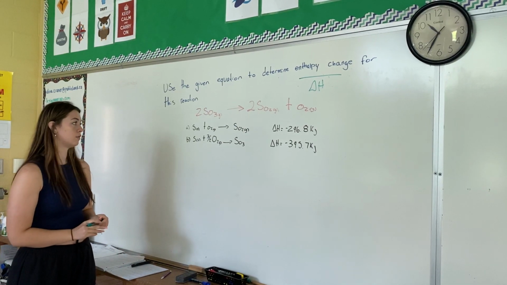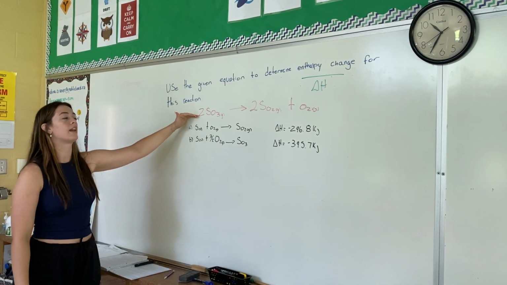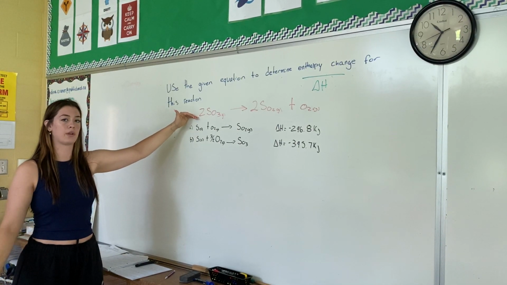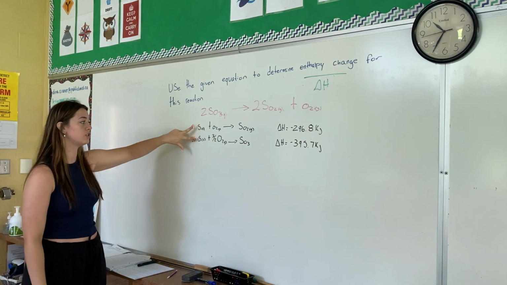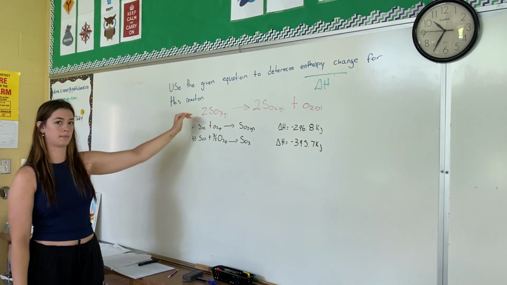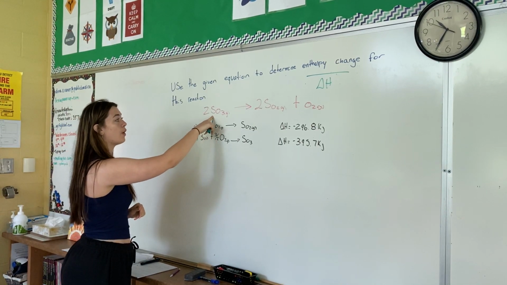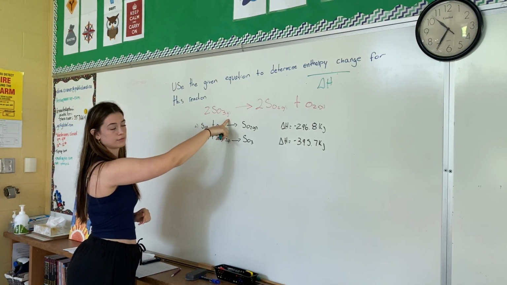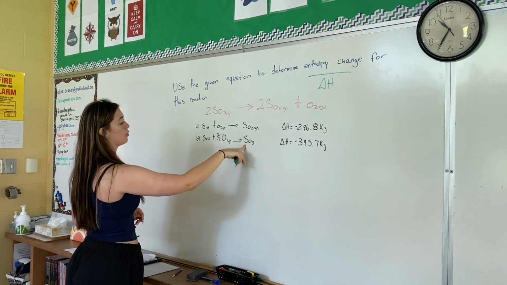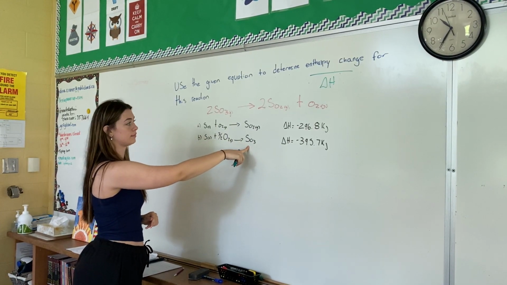So how are we going to do this? First off, we can look at our final equation and ask, how can we change these two equations to match this one? If we see here, we have 2 SO3 gas, and right now we only have 1 SO3.